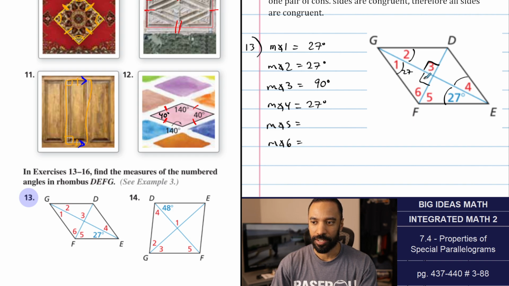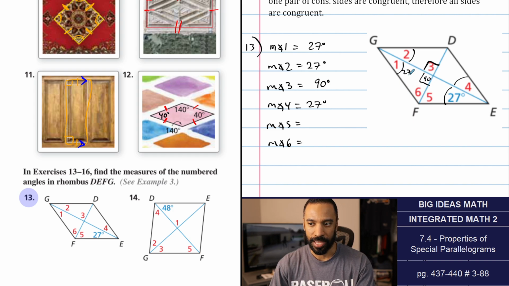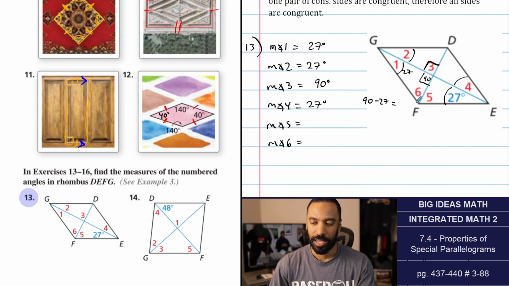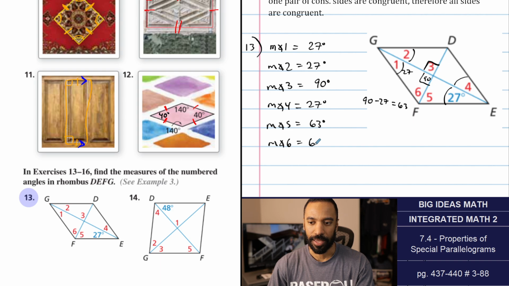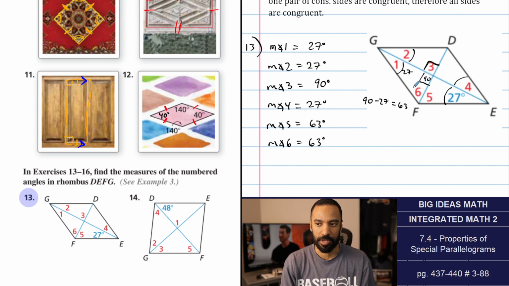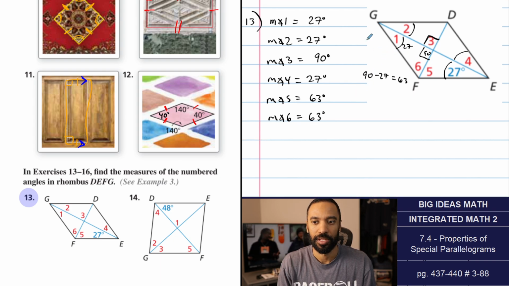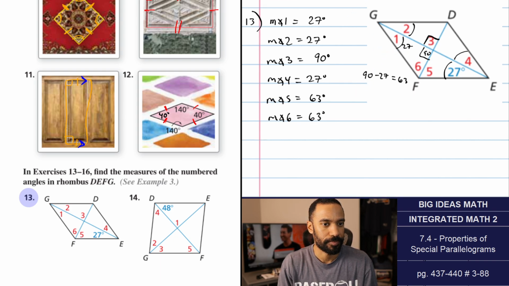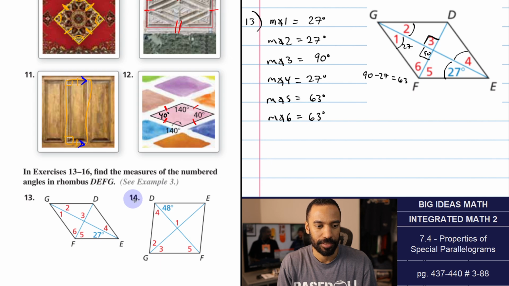This is 27 and 90, and these should add to 180. Or these two should just add to 90. So 90 minus 27 is 63. So these are each 63 degrees. Now, like I said, either method works just fine. But those are going to be the same for the same reason as before. Diagonals bisect the angles in a rhombus. Number 14.